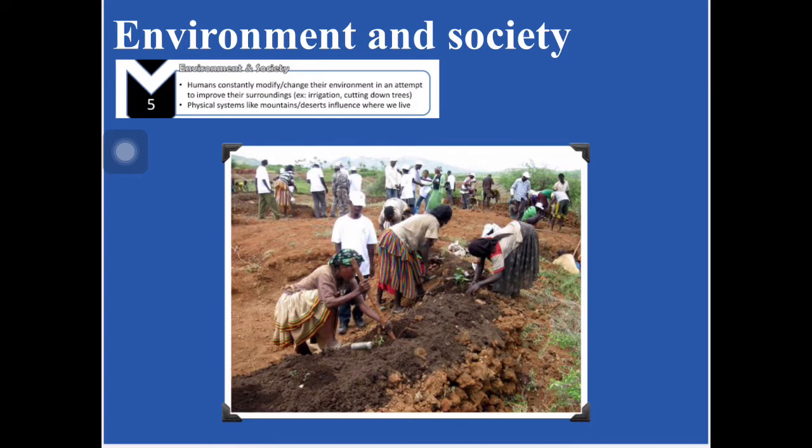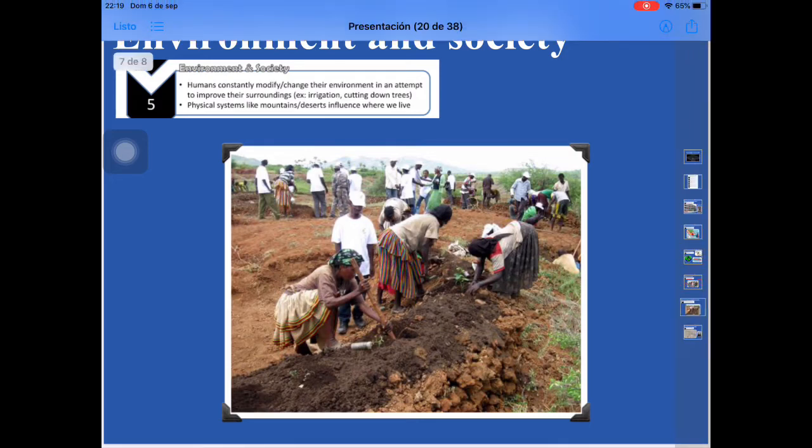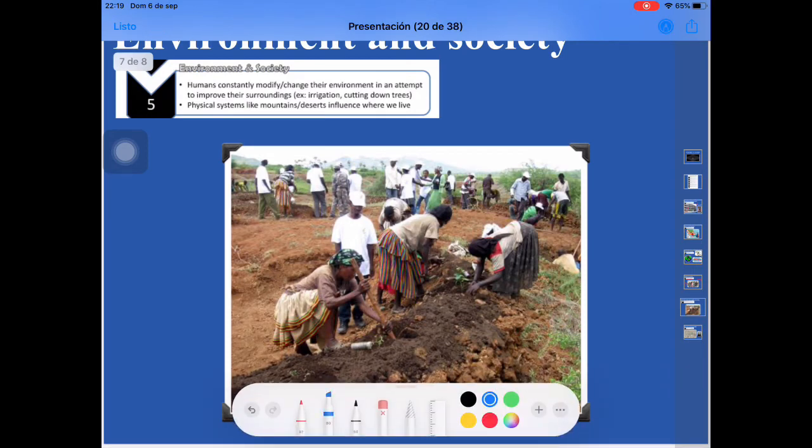So again, environment and society, humans constantly modify or change their environment in an attempt to improve their surroundings, and physical systems like mountains, deserts influence where they live. So we have already seen this, right? For example, remember the Nuer people. They are going to be moving around in order to find resources. But some societies, as we are going to be studying in history, as Egypt or Mesopotamia or a lot of other societies, they aren't going to be moving around to get resources.